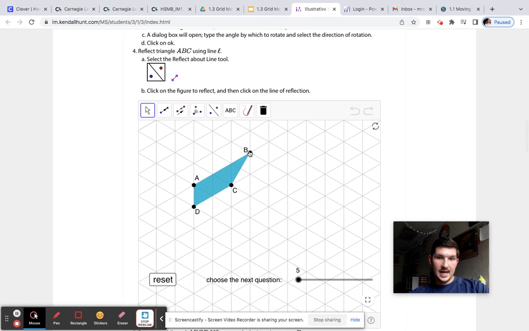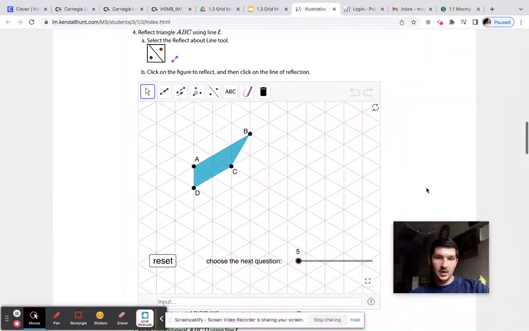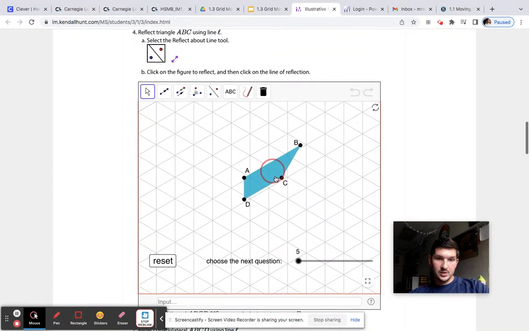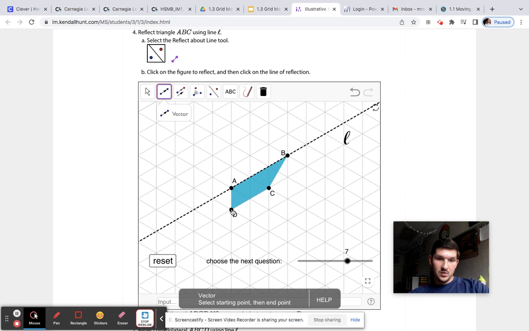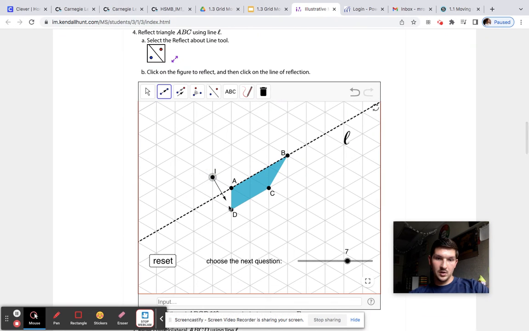This one here is the exact same thing, but now we're looking at a line of reflection, which is in fact a little bit different. If we're trying to reflect over this line, you need to make sure that this is 1 unit away, which means it's going to be here when we reflect it. This is right on top of our line of reflection, so it's not going to go anywhere.